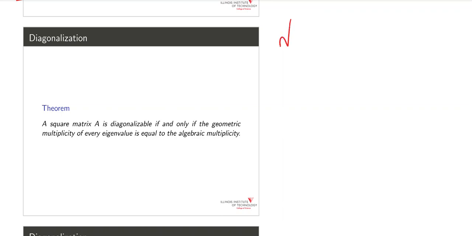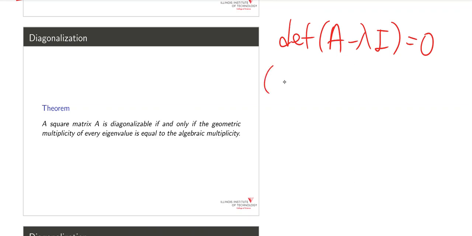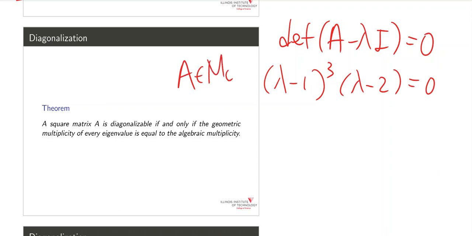If you compute the determinant of A minus lambda I and set it equal to 0, you have a polynomial in lambda, and then you factor it. Let's say A is a 4x4 matrix and the characteristic polynomial looks like this.